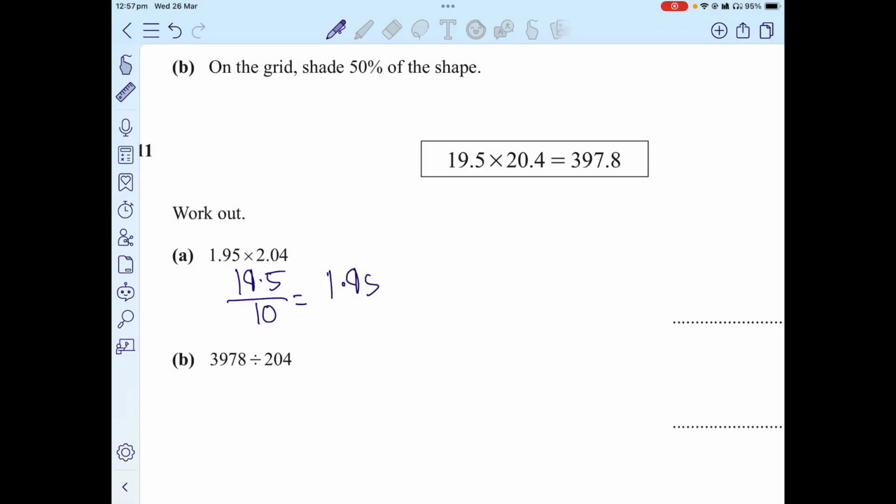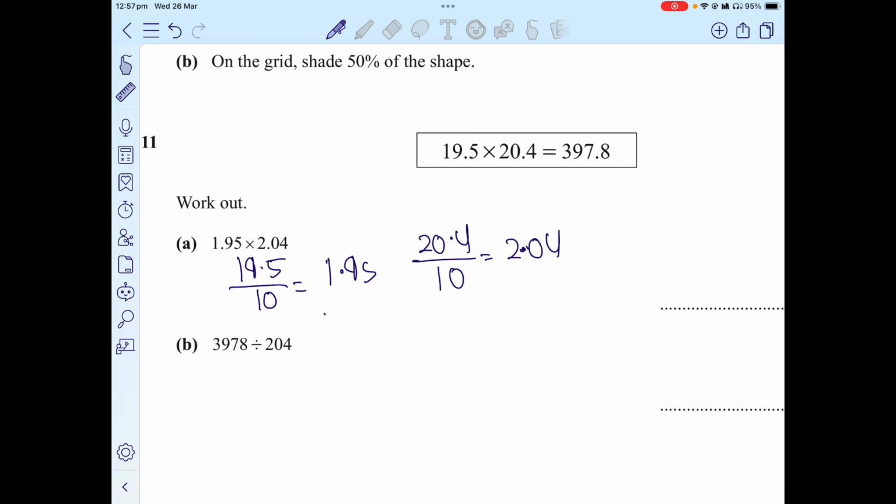And 20.4, we have also divided by 10 to get 2.04. We have to understand how we have converted these values. So 19.5 divided by 10 is 1.95, and 20.4 divided by 10 is 2.04.